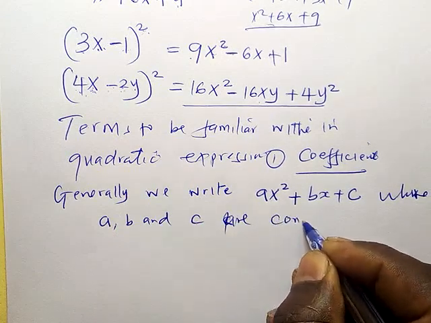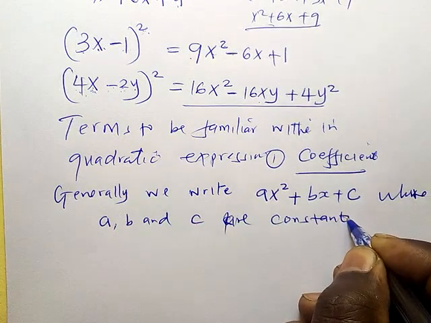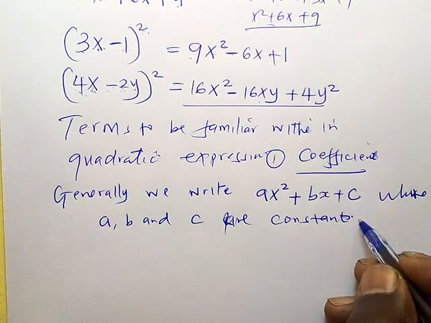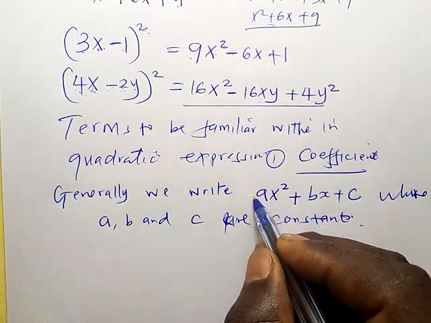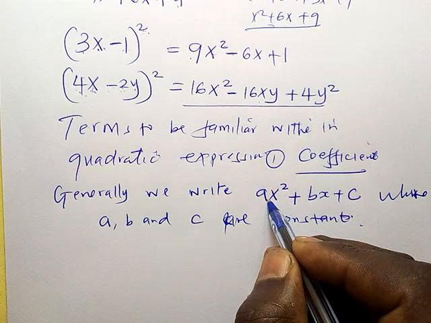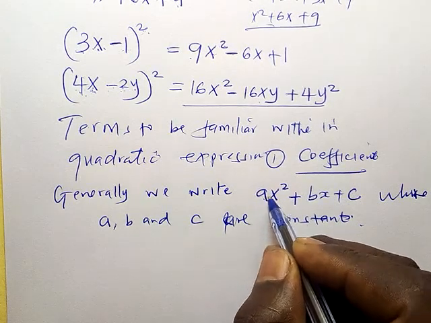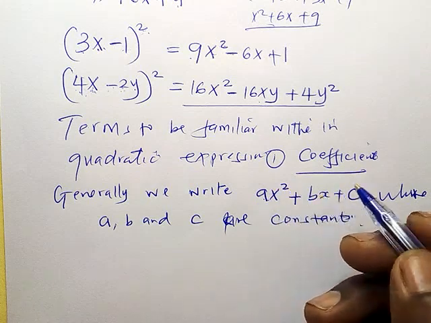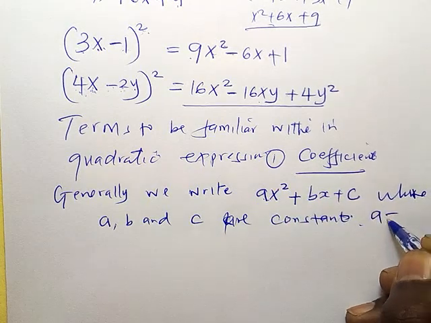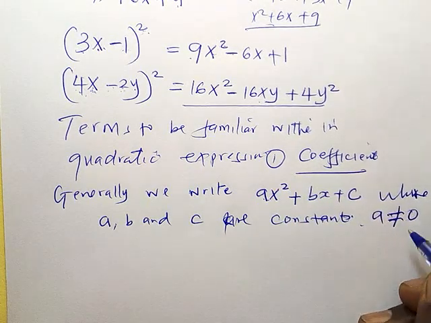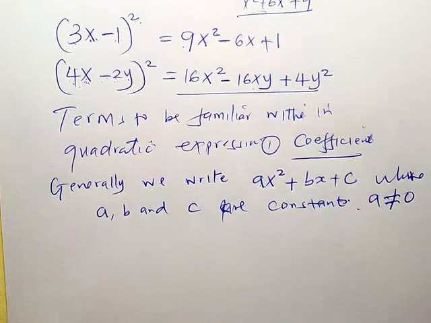Are constants. They are constants. And since they are constants, a should never be 0. A cannot be 0, because if it is 0, you multiply and everything is 0. Where a will never be equal to 0.